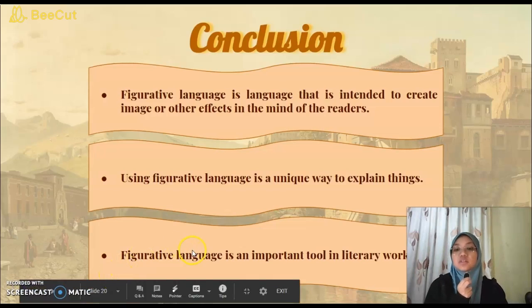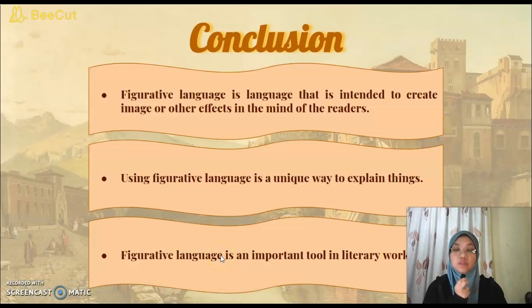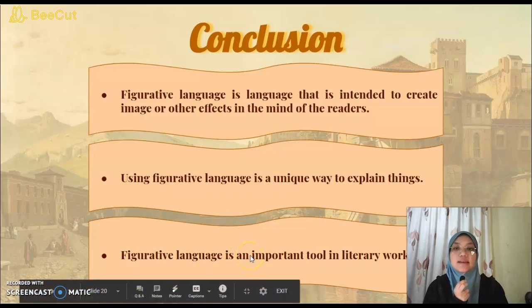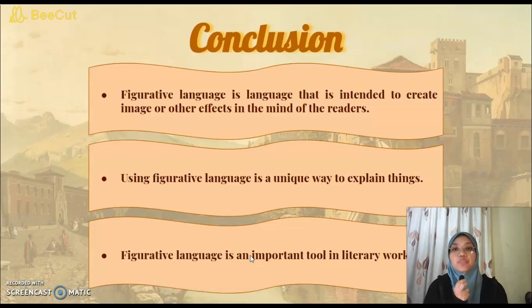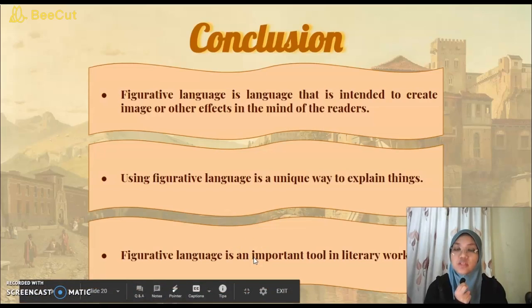We can also conclude that figurative language is one of the most important tools in literary works or in poetry. This is because it gives more colors and dimension to poetry. Figurative language also shows the beauty of language used in poetry, which makes it more impactful towards the readers.